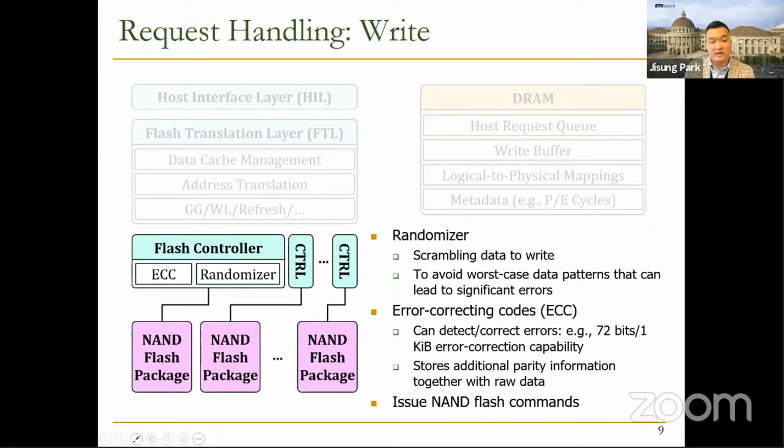As long as the randomizing algorithm is able to preserve its randomization mechanism even with some raw bit errors, it makes much more sense to perform randomization first and generate the ECC parity based on the randomized data.